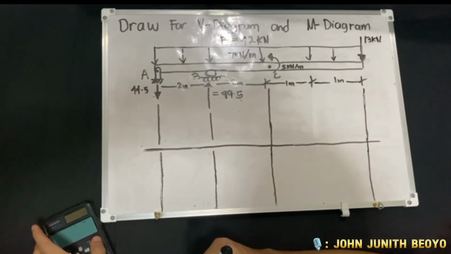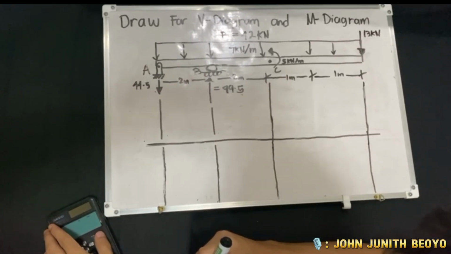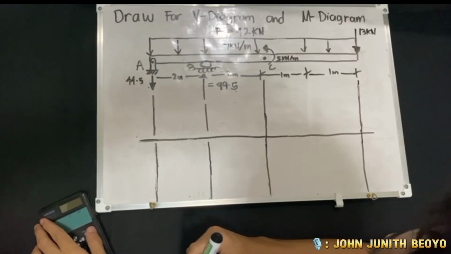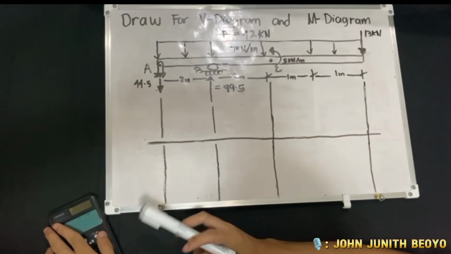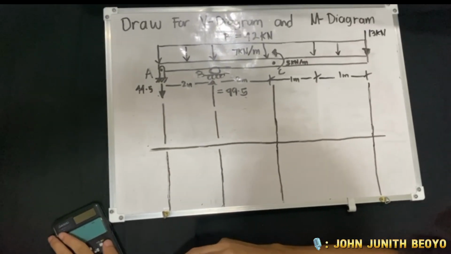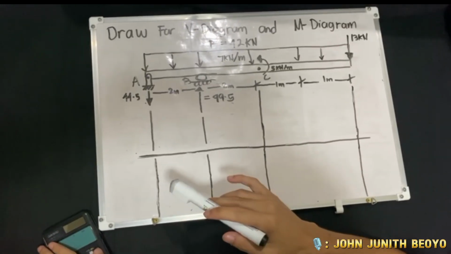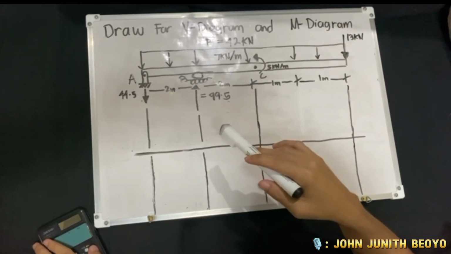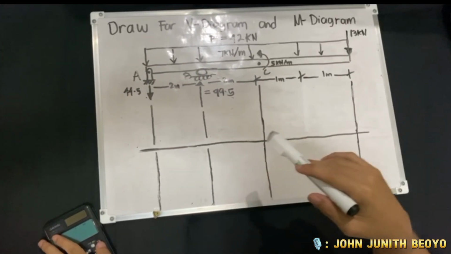So the next step is to draw the shear diagram and the moment diagram. First, we'll go to the shear diagram. The next thing is you will notice every reaction and load on your beam.